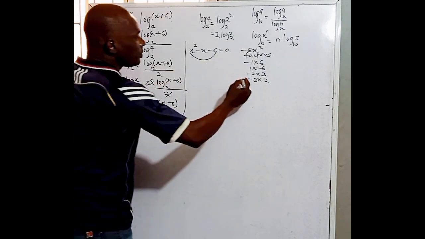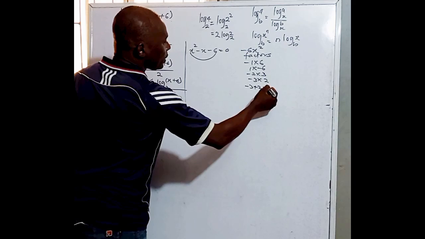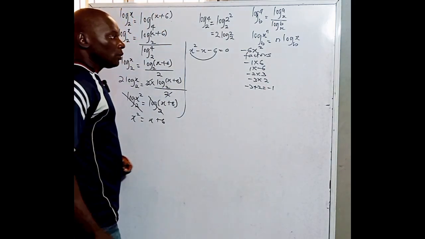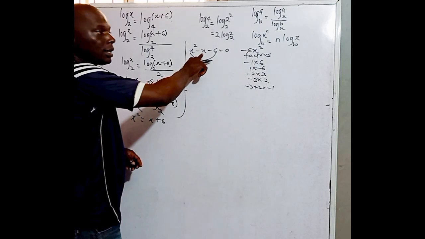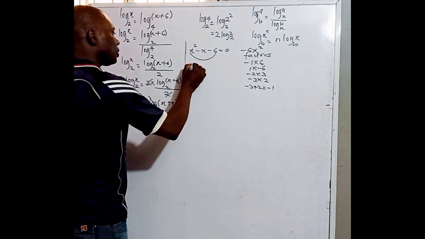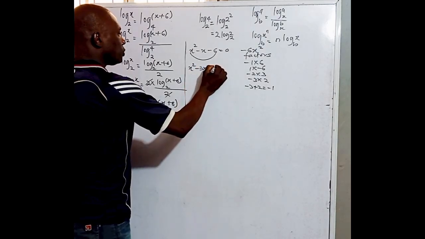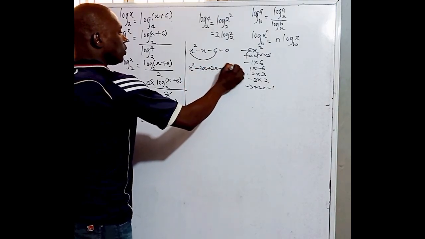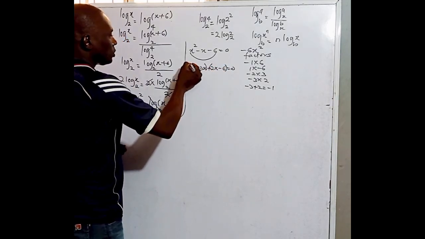So here, minus 3 plus 2 gives a negative 1, which tallies with the middle term here, minus x. So we're going to replace the middle term: x squared minus 3x plus 2x minus 6 equals 0. Thereafter, we group them in twos.